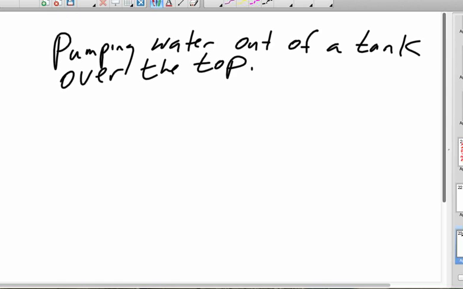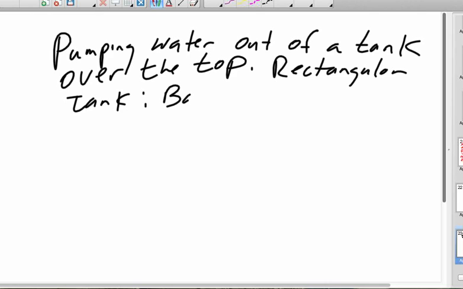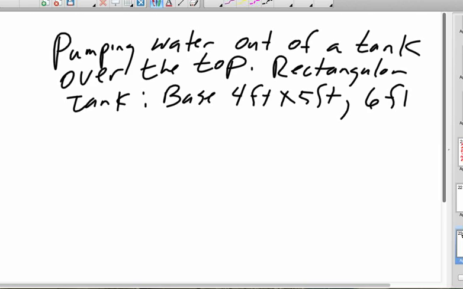So the tank we've got is a rectangular tank. Its base is 4 feet by 5 feet, and it's 4 feet tall.